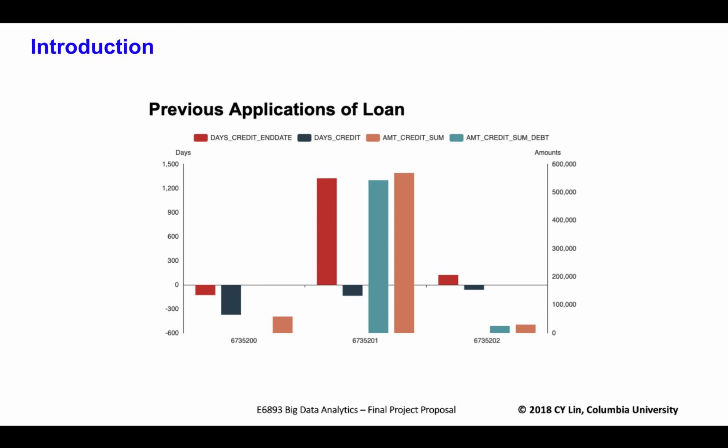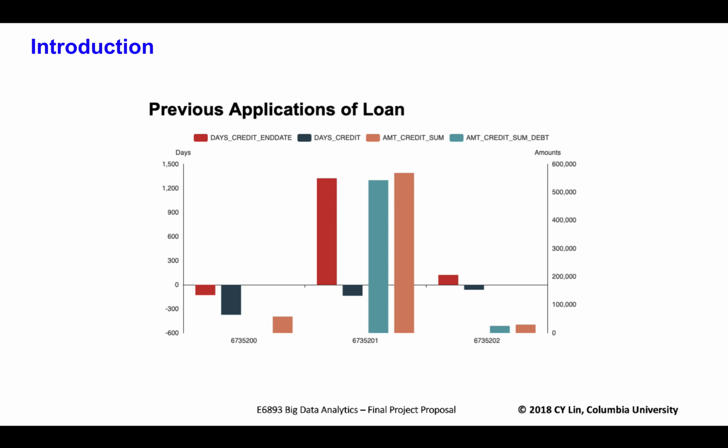The second part is the plot of the previous loan applications of this applicant. The data is grouped by the application ID, and there are four kinds of bars showing the plot. The red bar is the end date of the application. If it is negative, then the value means that this loan finished that many days ago.